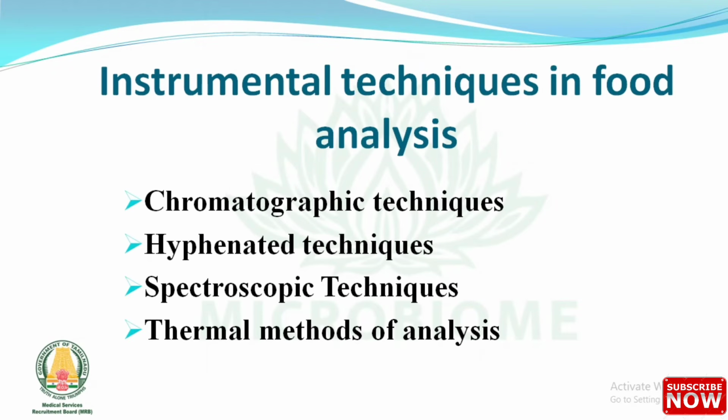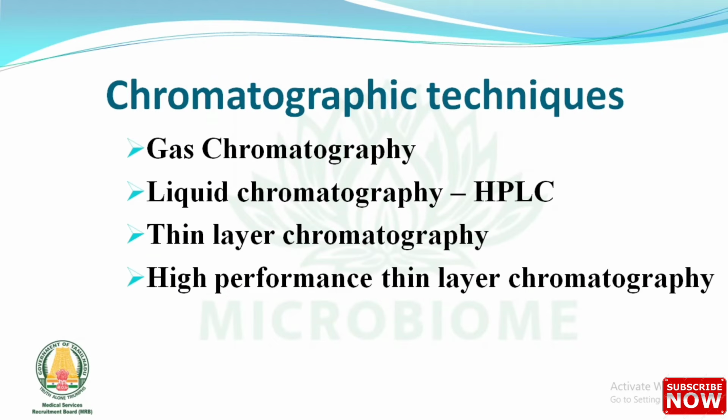And next, about instrumental techniques in food analysis: chromatographic techniques, hyphenated techniques, spectroscopic techniques, thermal methods of analysis. So here comes chromatographic techniques: gas chromatography, liquid chromatography, that is HPLC, thin layer chromatography and high performance thin layer chromatography.